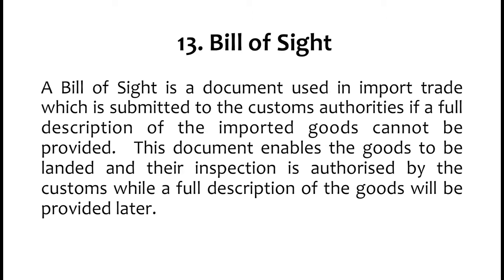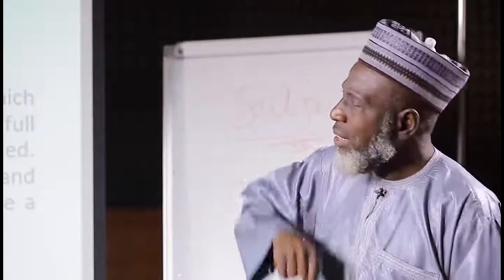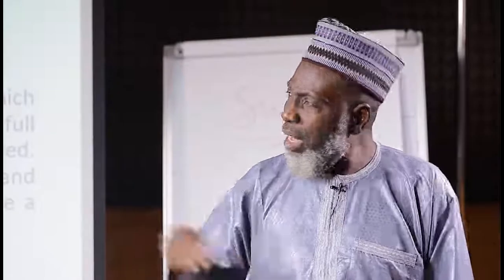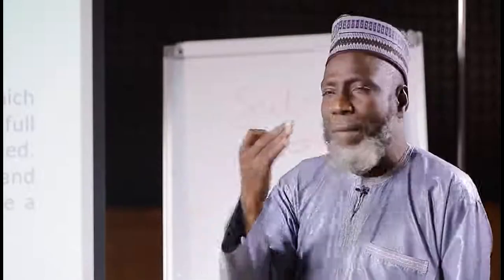We go to number 13, bill of site. Bill of site is a document used in import trade, which is submitted to the custom authorities if a full description of the imported goods cannot be provided. Where the full description of the goods imported cannot be provided, then a document in place of that can be given, which is known as a bill of site.